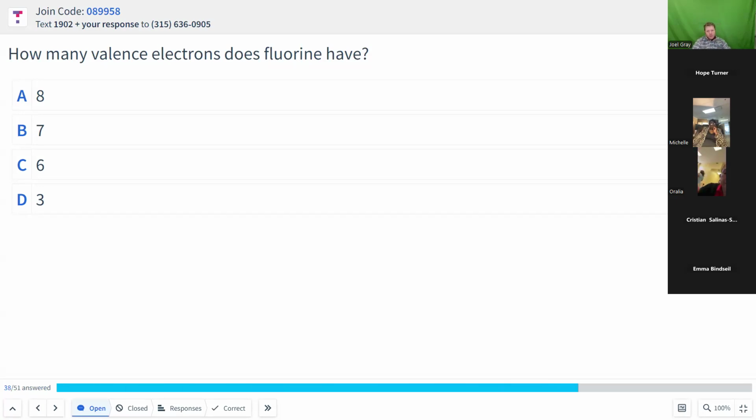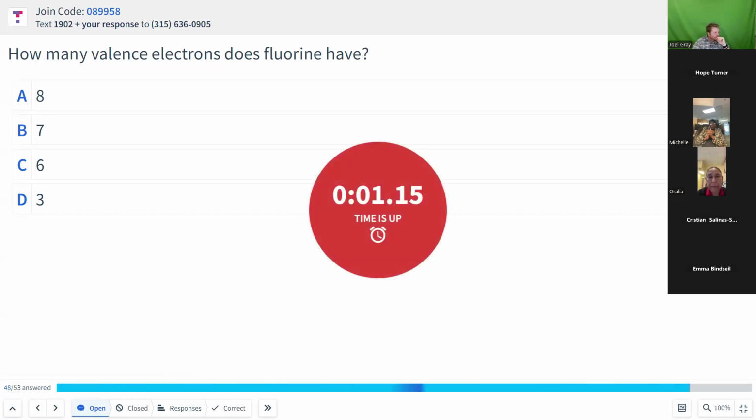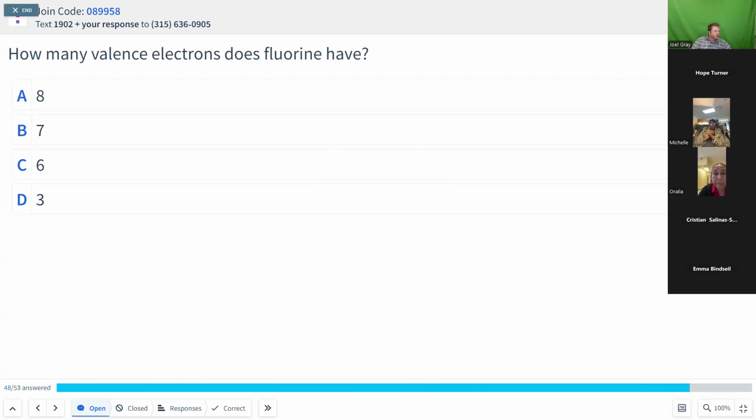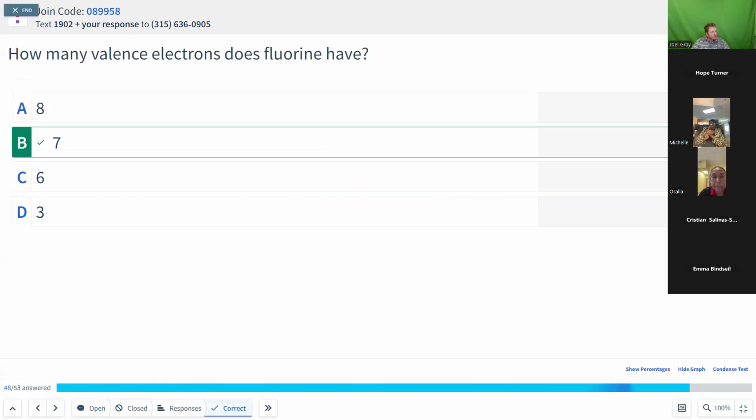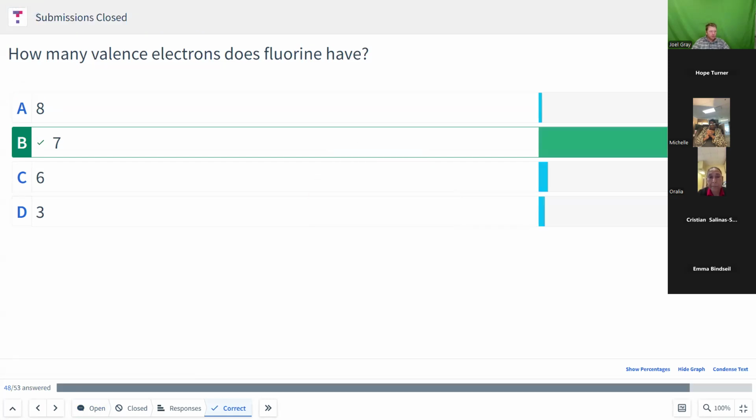About 30 seconds left. 10 seconds. Right. Correct answers. Wonderful. Fluorine is 7.